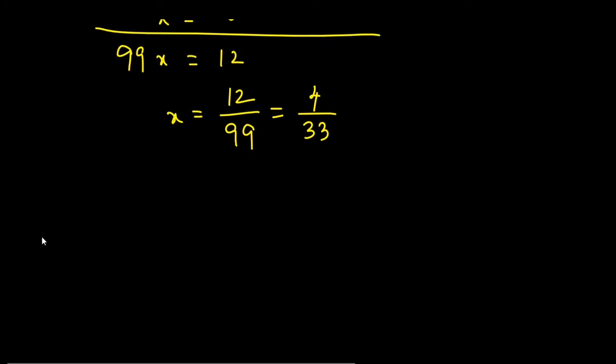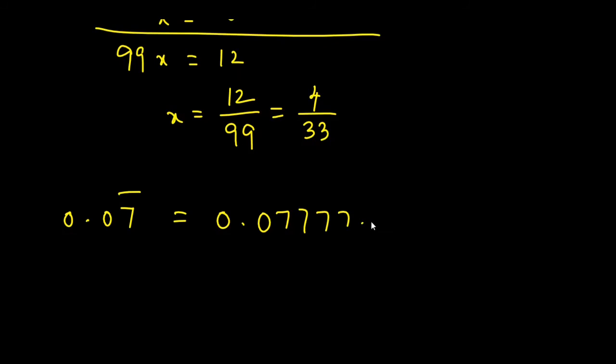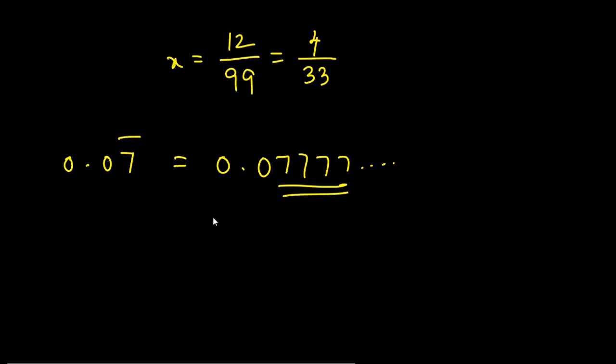Another one, say 0.07 bar. That means 0.07777 getting repeated like this. 7 is getting repeated. Then how do we convert this into P by Q form? Let 0.07 bar be x.